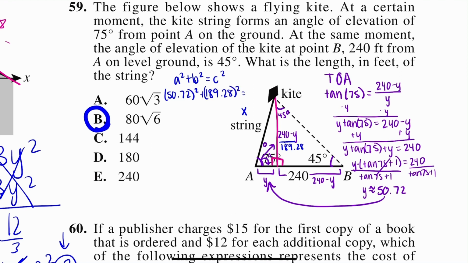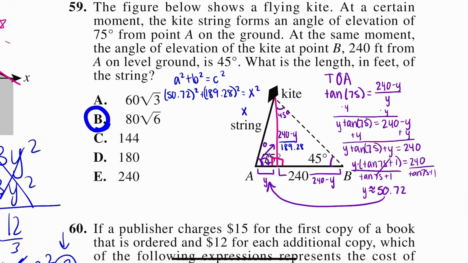And my hypotenuse is the string, x squared. So let's do that on our calculator. 50.72 squared plus 189.28 squared. And then take the square root of that.